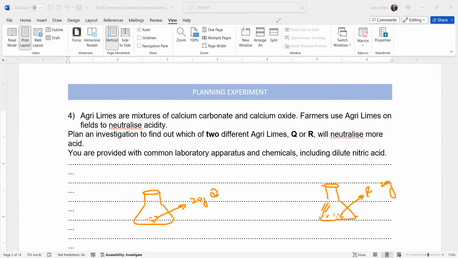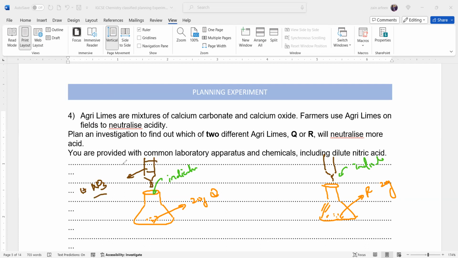Then we add drops of indicator here, and here also we add drops of indicator. Now fill the burette with the nitric acid, here also we fill the burette with nitric acid, and we add nitric acid, HNO3, until the indicator shows a color change. And then we compare the volume of nitric acid.